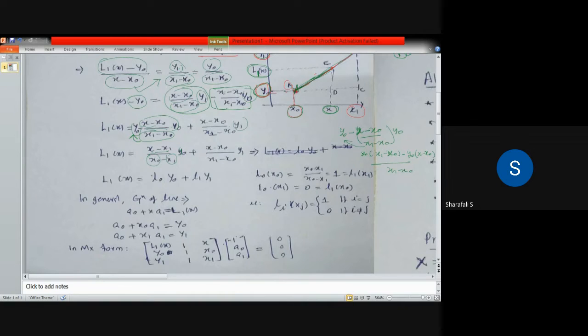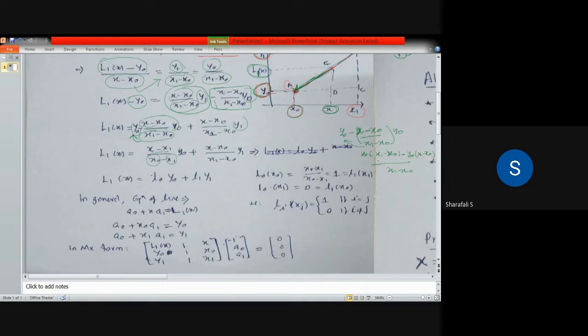Now if you multiply y0 into x1 and y0 into x0, this term will become minus y0 x0. And we have minus y0 into minus x0 here, so those terms will cancel each other. Then we have y0 x1 here, then minus y0 x.